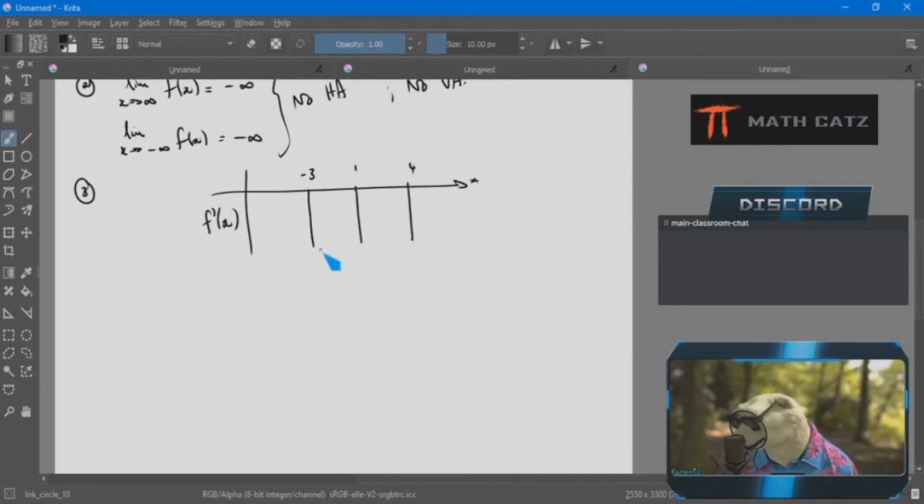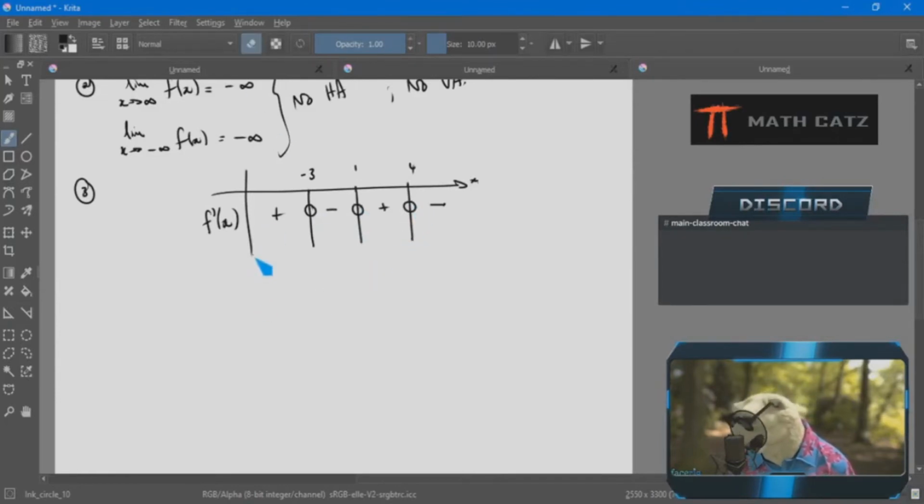All right. So I get a plus, a minus, a plus, a minus. Just copying it over. Then they tell me that the first derivative at -3 is 0, at 1 is 0, and at 4 is 0.